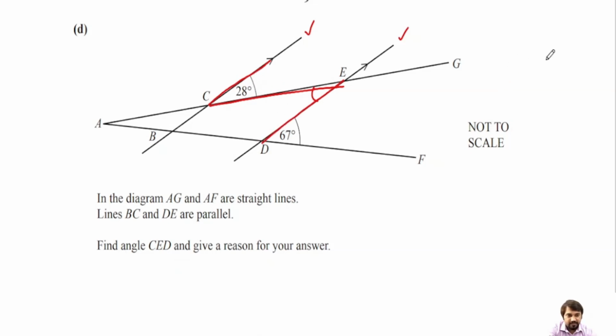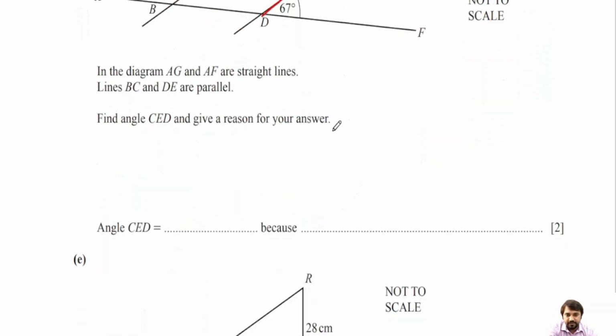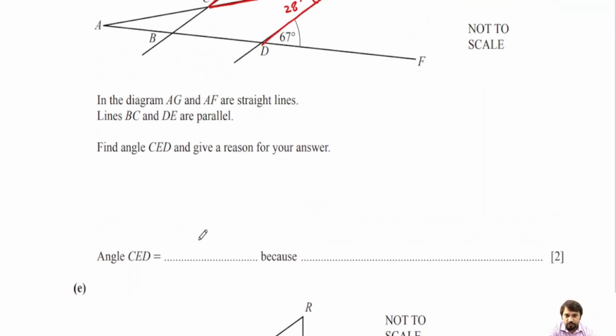It means the interior alternate angle, so angle E will be 28 degree as well. So I'm going to write here: angle CED is equal to 28 degree because of alternate interior angles. Or you can simply write alternate angles.